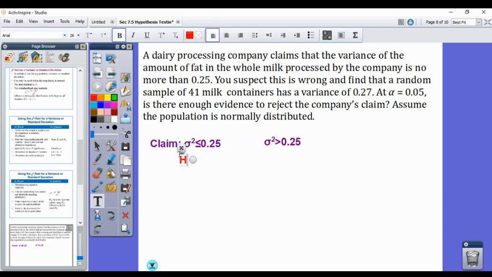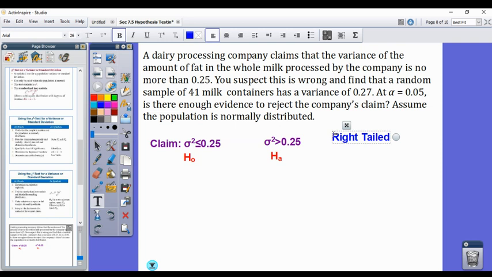Here's my null, H not, which means this guy is my alternative, H A. Okay, so something I'm noticing is that this is going to be a right-tailed test.